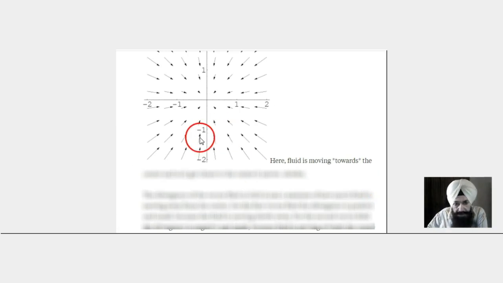Now this is basically a convergence, the negative of the divergence, because this is the center and the arrows are moving inward.